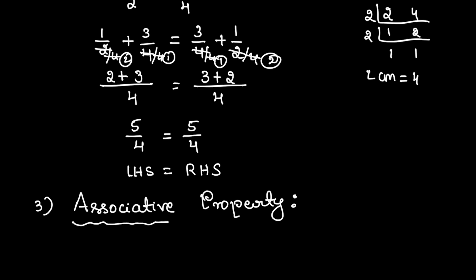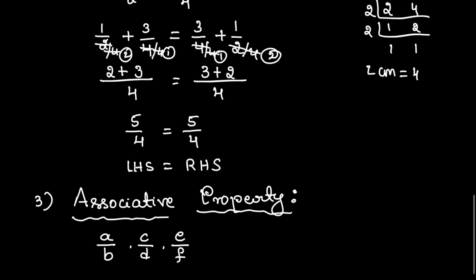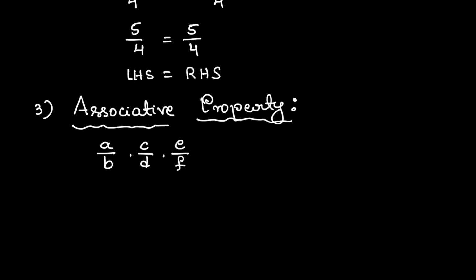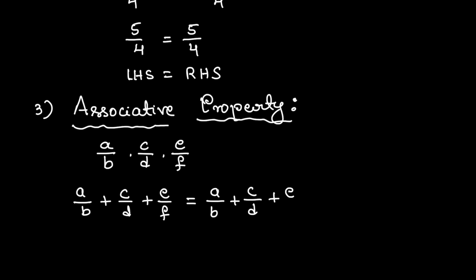The third property is the associative property. For the associative property, you should consider 3 rational numbers. Any 3 rational numbers. Generally, we are going to take a/b, c/d, and the third one e/f. The associative property is (a/b plus c/d) plus e/f equals, in the RHS, a/b plus (c/d plus e/f).